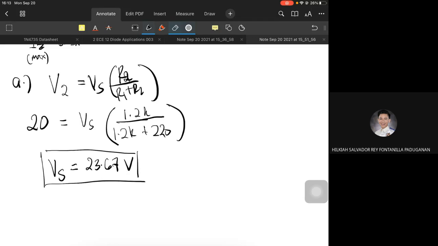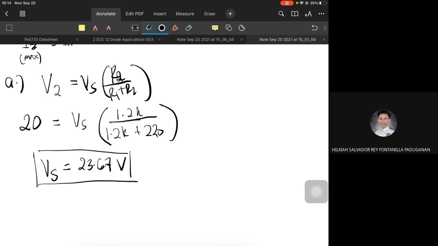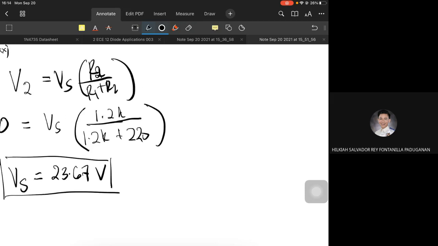So that's the range 1. At what source voltage will the Zener diode be busted?